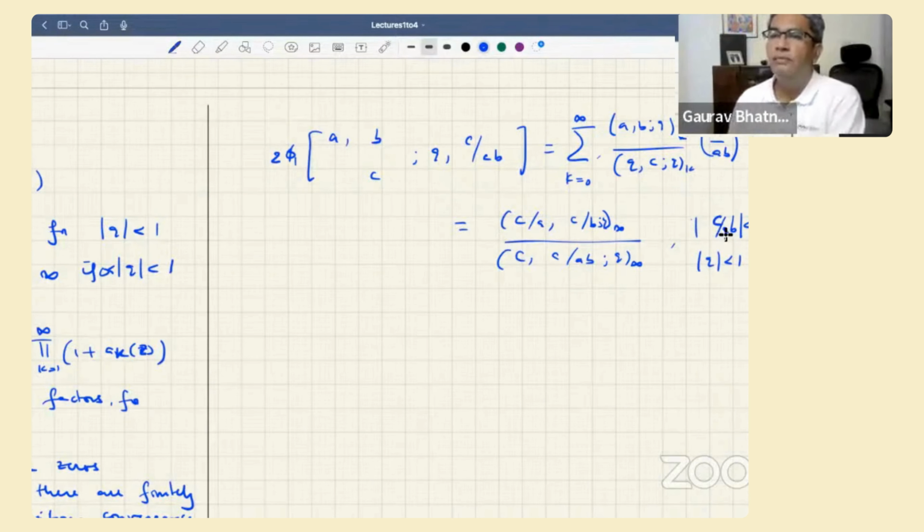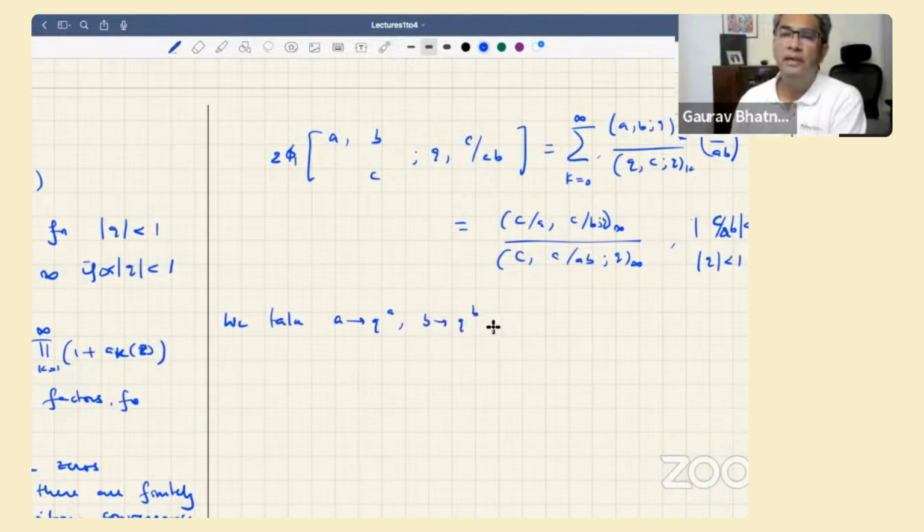Right. So what we want to do is take a going to q raised to power a, b going to q raised to power b, c going to q raised to power c, and then take the limit as q goes to 1.